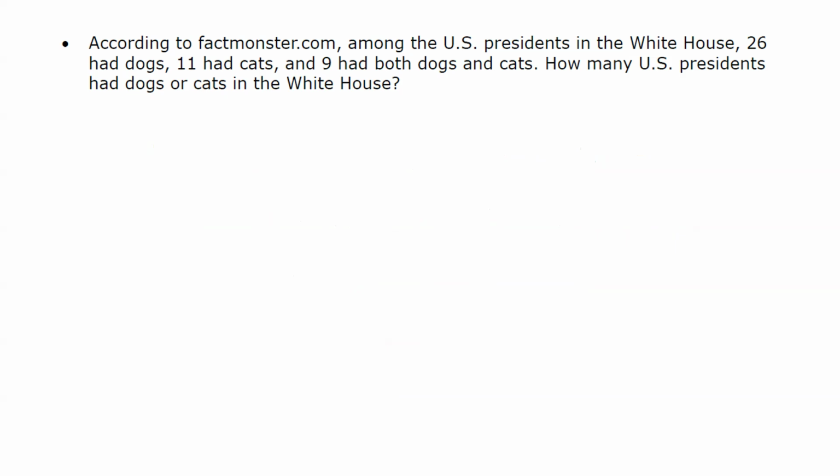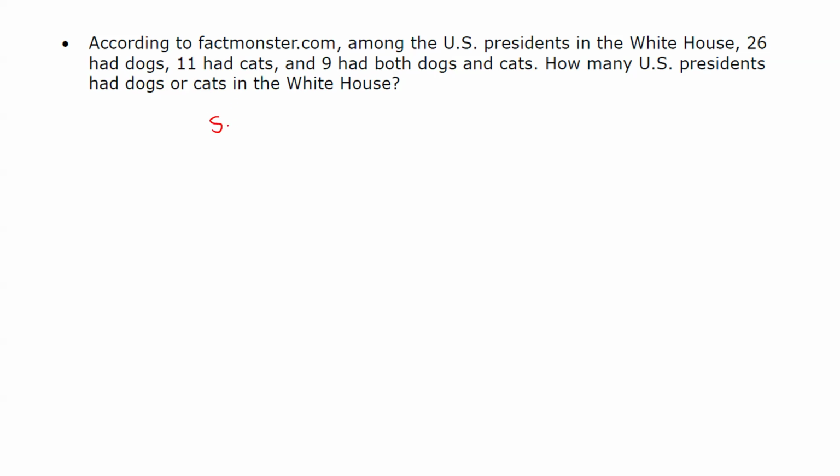According to factmonster.com, among the US presidents in the White House, 26 had dogs, 11 had cats, and 9 had both dogs and cats. How many US presidents had dogs or cats in the White House?